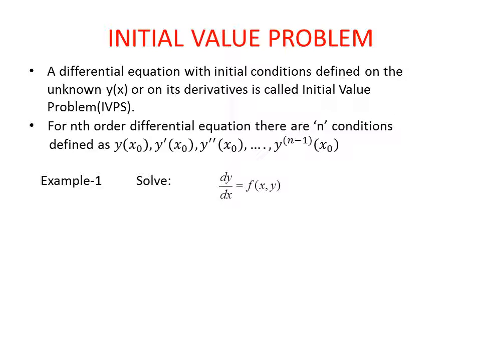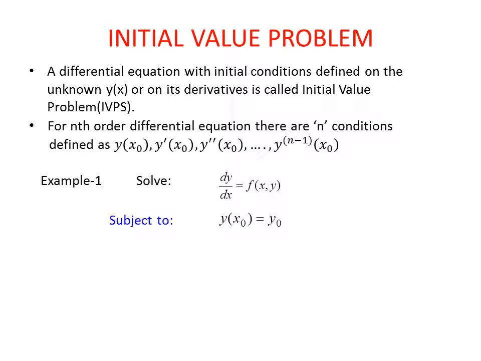So this is a first order differential equation. Subject to the condition y at x naught equal to y naught. x naught, y naught are the known values of the two variables x and y.